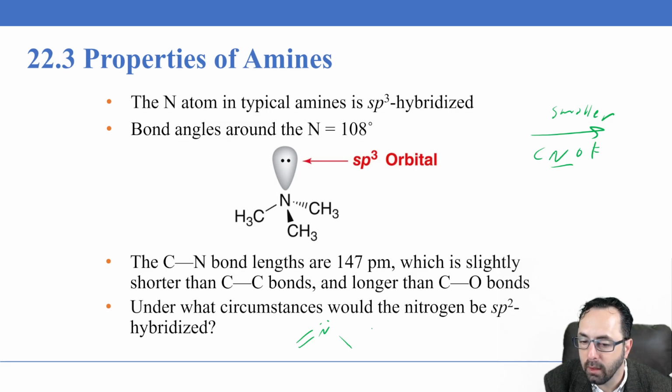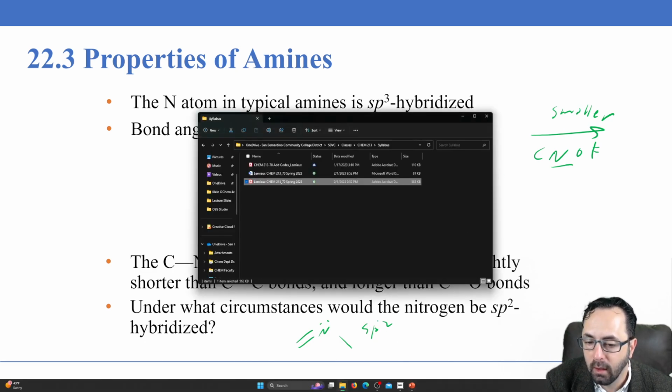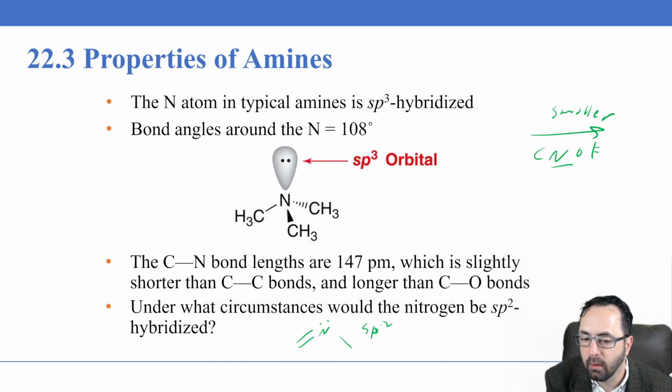Here there would be 3 electron pair groups, and there would be 1 lone pair, and so this would be sp2 hybridized. This pi bond would be composed of 2 unhybridized p orbitals, so they're not going to be hybridized as sp3, and so this would be an example of an sp2 hybridized nitrogen.